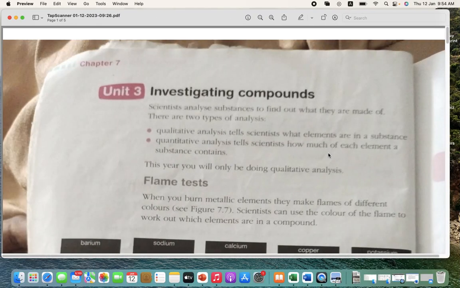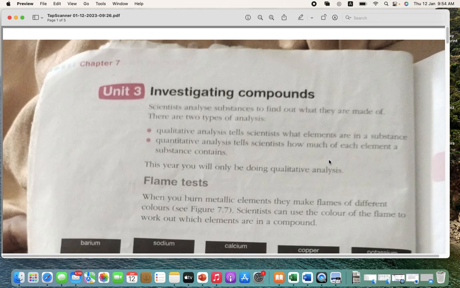How do they know each of these elements? If you find out there's sodium, there's this, how do you know it's sodium? Because a compound is a mixture of different elements. So how do the scientists know that what we have here is sodium, what you have is chlorine?